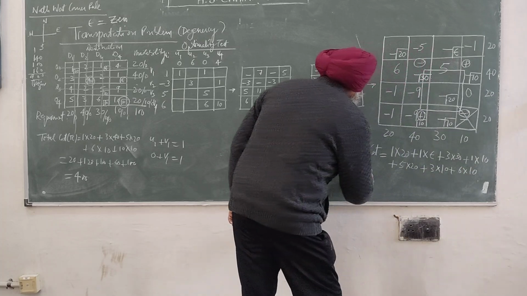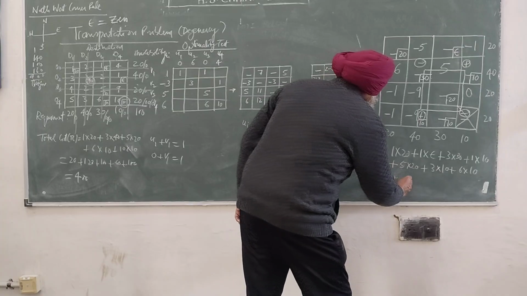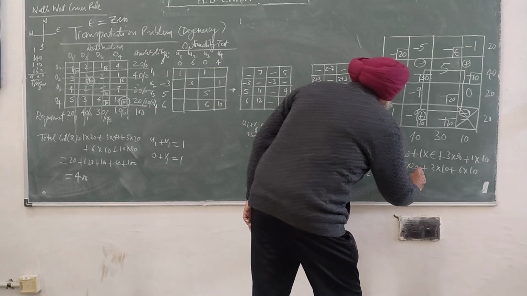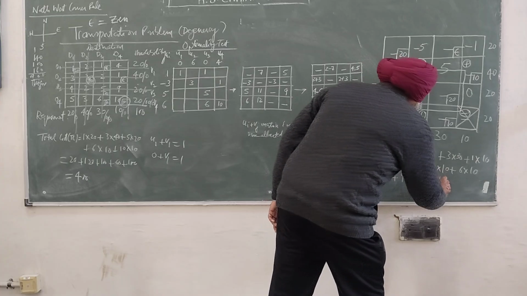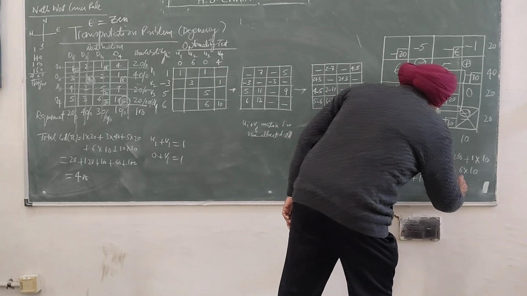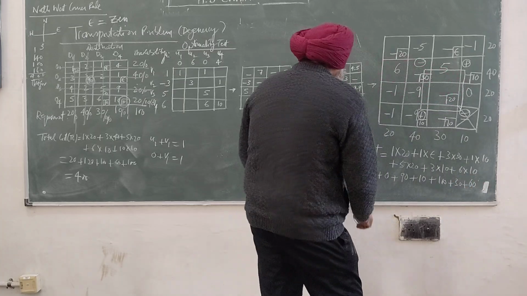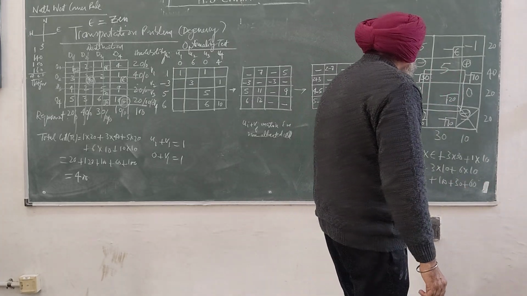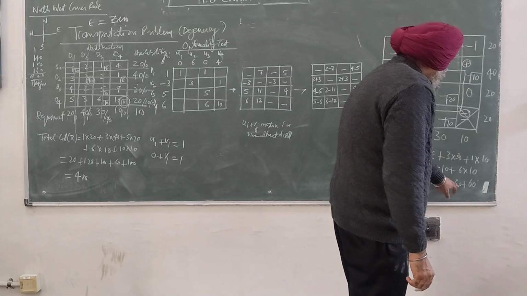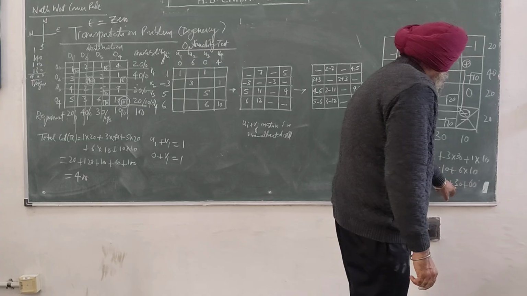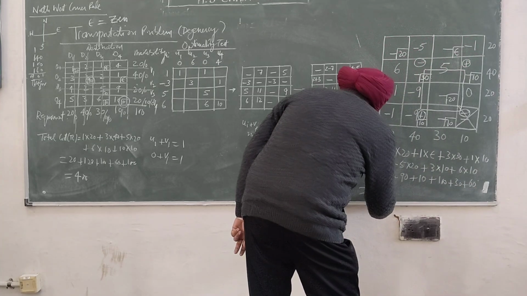If you look at here, this is 20, this is 0, this is 90, plus this is 10, this is 100, 30, 60. If you count it here, this is 100, 120, 220, 250, plus 6, this is 300.